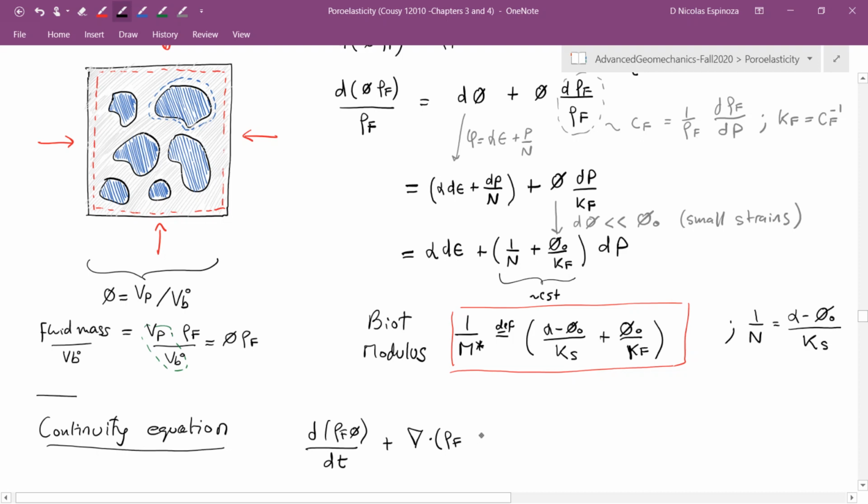So this is going to be the density of the fluid times the flow rate Q. And this is a vector because it is in 3 dimensions.